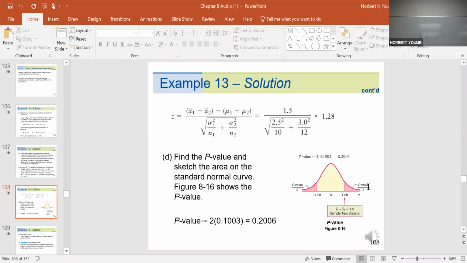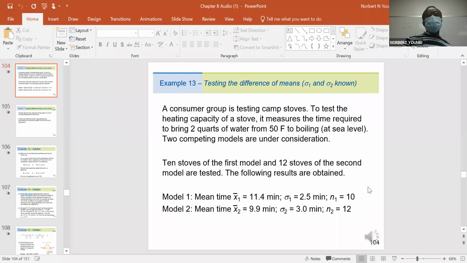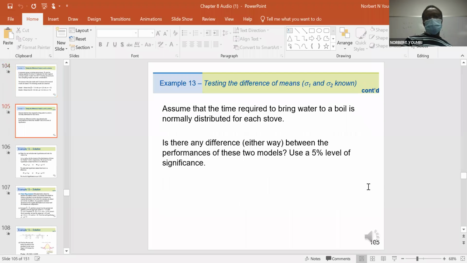Or do you have a question? We want to test if there is any difference between the two stoves. So our claim is there is a difference, so H1 is different.